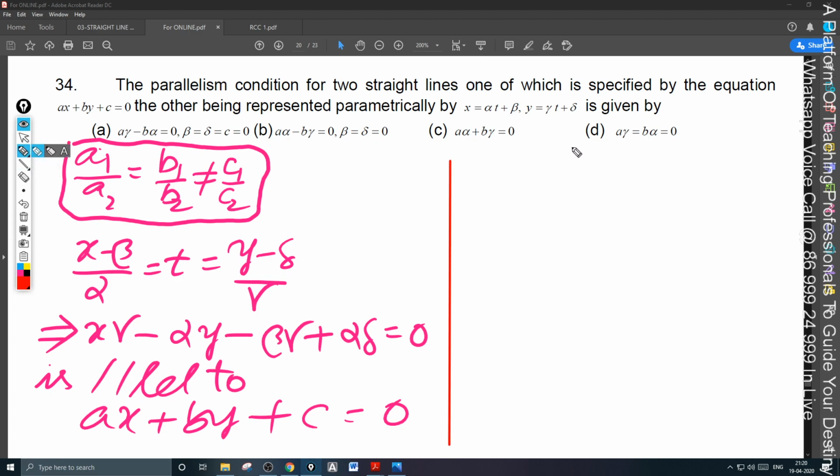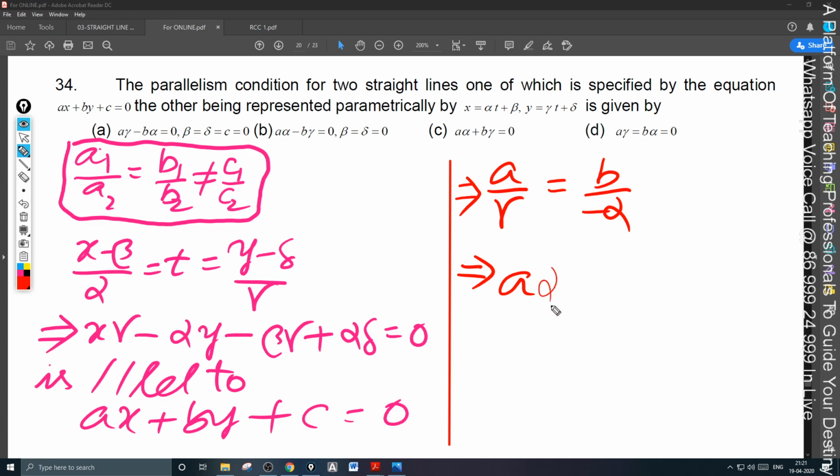What is it? x coefficient A by gamma, y coefficient B by minus alpha, which implies A alpha plus B gamma is equal to 0.